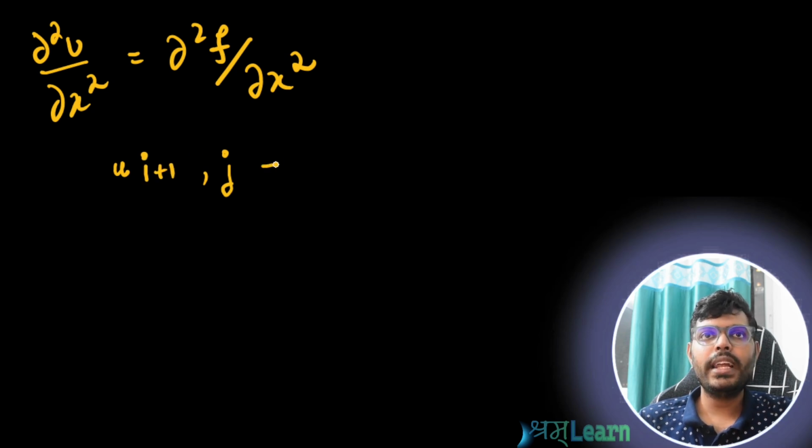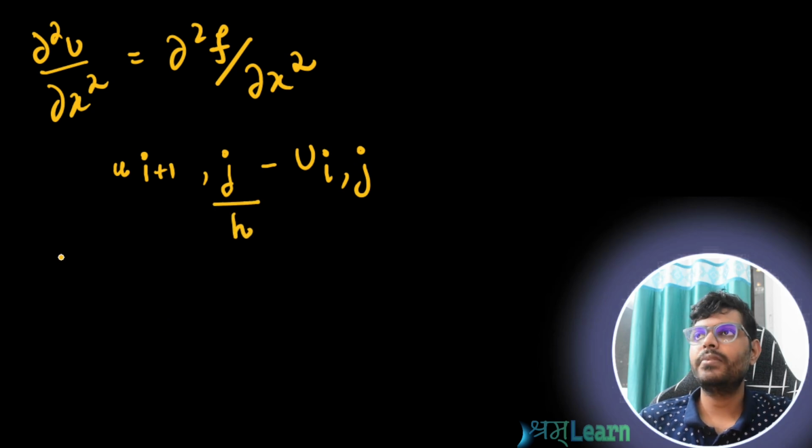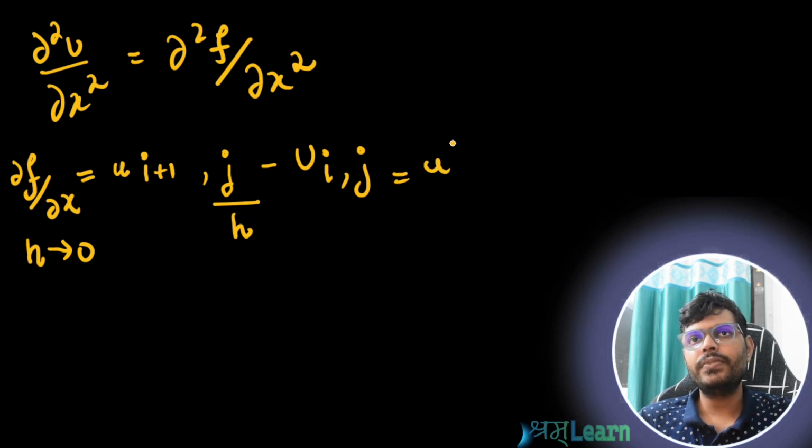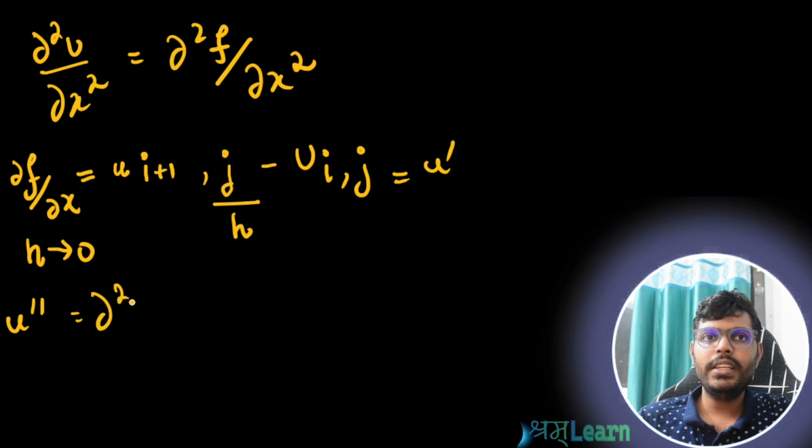So I have to subtract this u of i comma j. I don't have to play with j, right? And h is the step size, where h tends to 0. But this is the first derivative that I have written. This is df or du by dx, that is equal to u dash. But what about u double dash, or d square u by dx square?